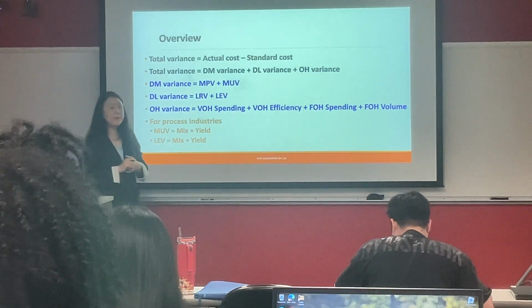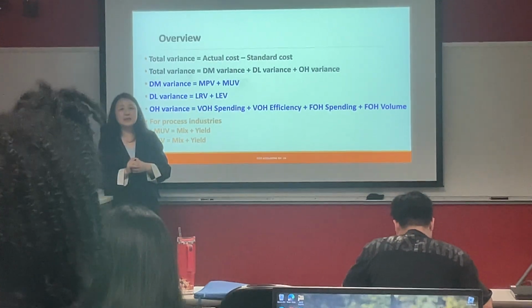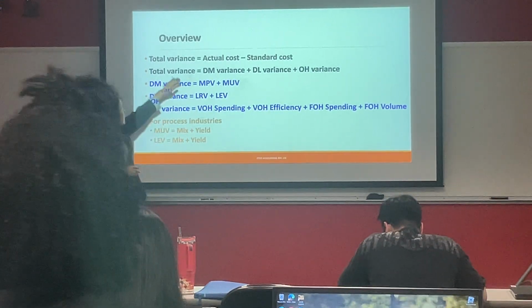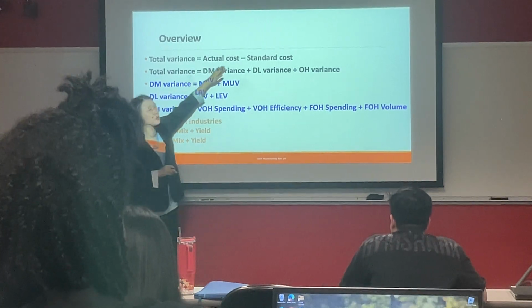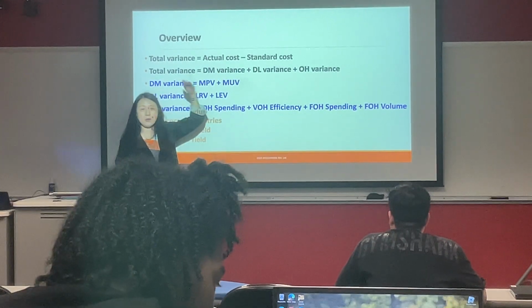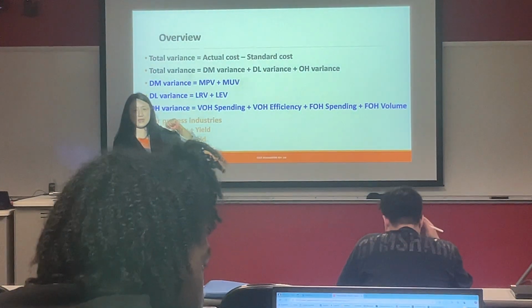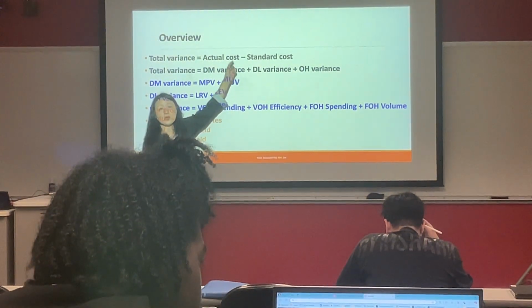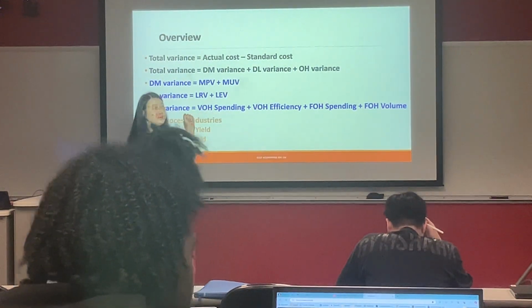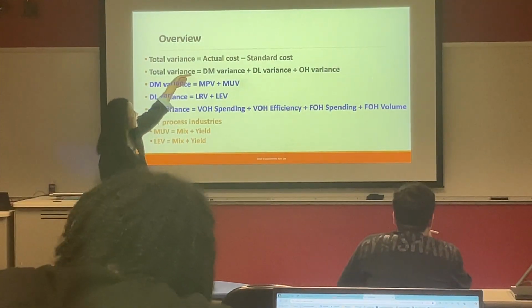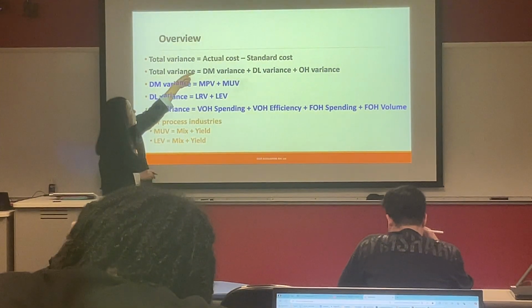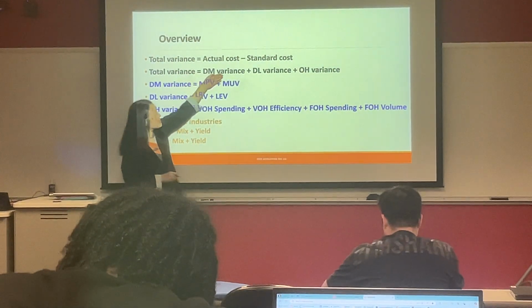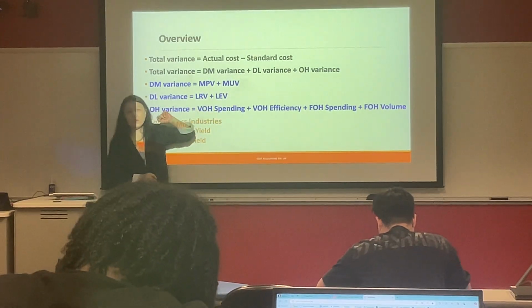In terms of understanding, the total variance will be the actual minus standard. Sometimes we call standard, sometimes we call that applied. That's the total product cost, including material, labor, overhead. The first layer is, when I look at the total variance, I separate that into material, labor, overhead.